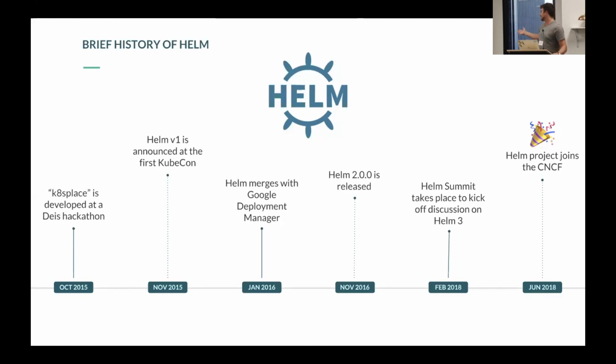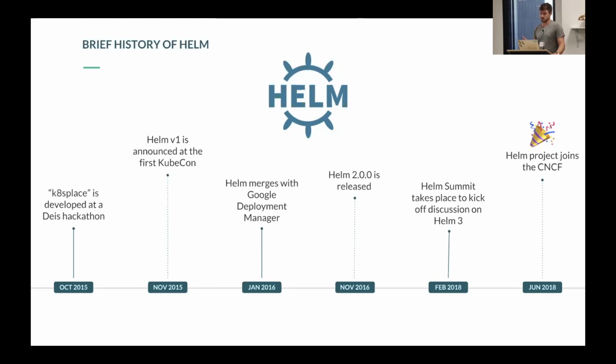I don't have an item for 2017, but 2017 was a big year of growth for Helm. You see a lot of companies and enterprises using Helm to deploy applications to Kubernetes in production. And then recently, Helm has joined the Cloud Native Computing Foundation, which is a really big deal because this is kind of a vote of confidence that Helm is the tool to manage your applications in Kubernetes.